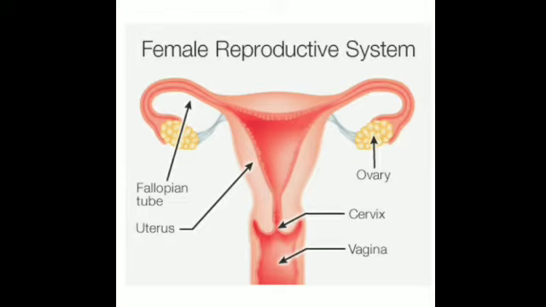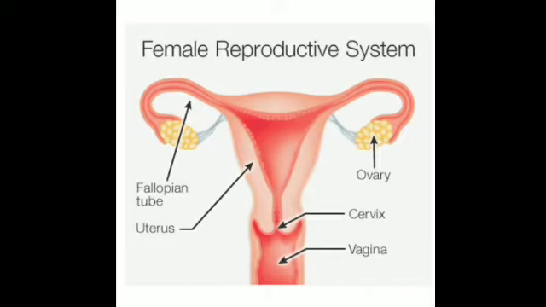The vagina receives the sperms from the male during intercourse, and it also serves as the birth canal. The passage for the sperms from the male, which are injected into the body of the female, is through the vagina, and even the birth of the baby takes place through the vagina. That is why it is called the birth canal.